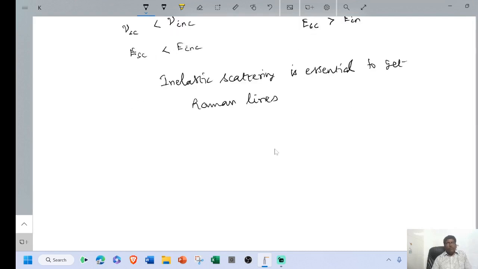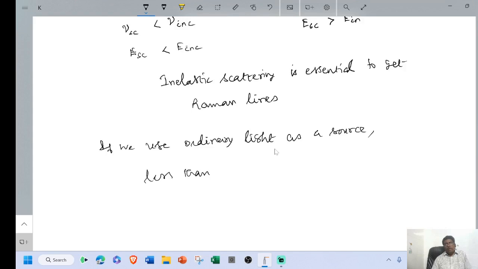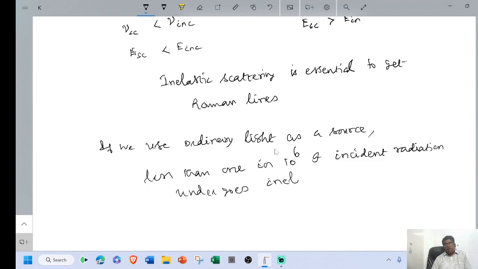If you use ordinary light as a source, less than 1 in 10 power 6 of incident radiation undergoes inelastic scattering.